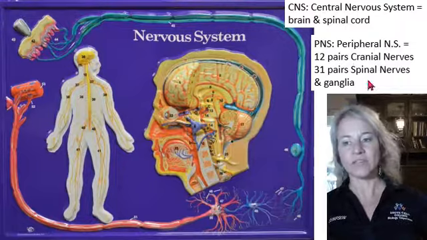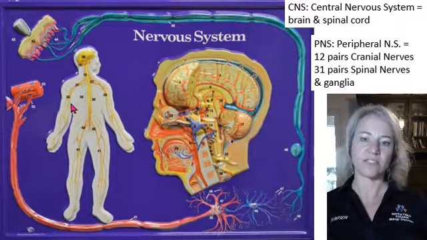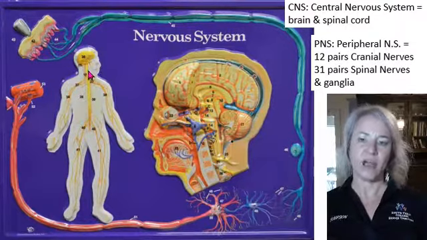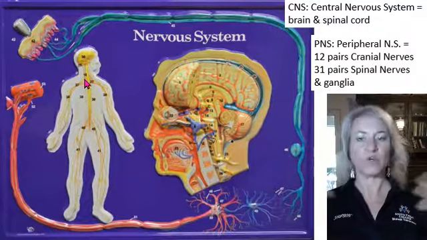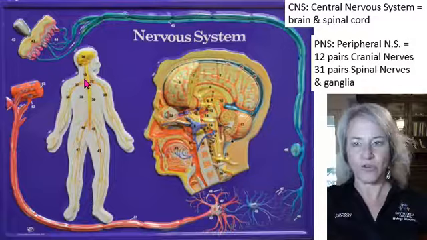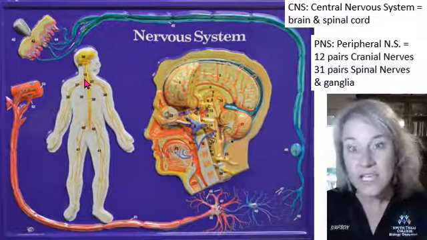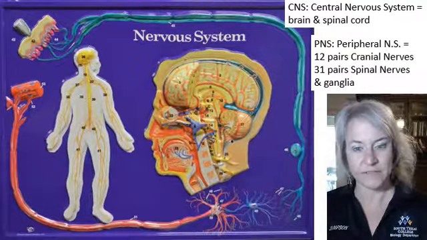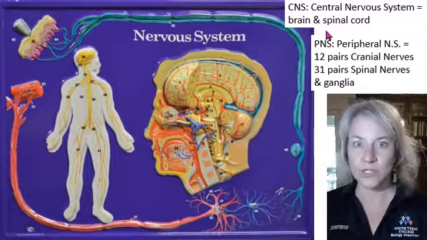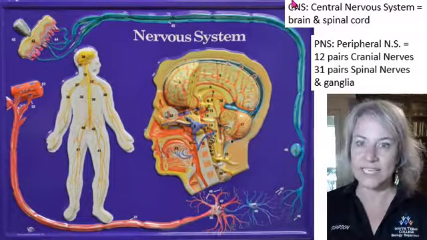And then there are also some ganglia that are outside of the brain and the spinal cord. They're outside of that, so that's peripheral, out to the periphery. What is a ganglia? It is a collection of somas. So I do want you to know, what is the difference between the CNS and the PNS?